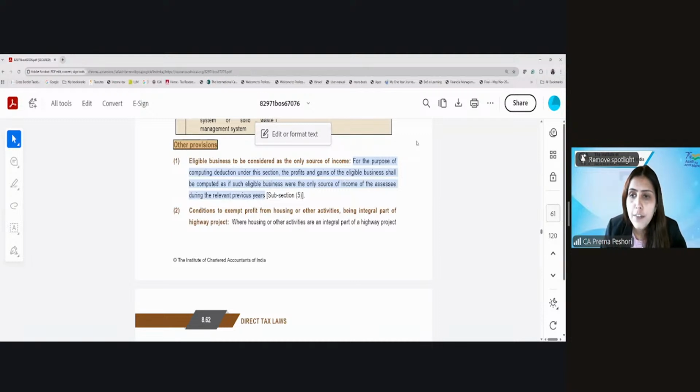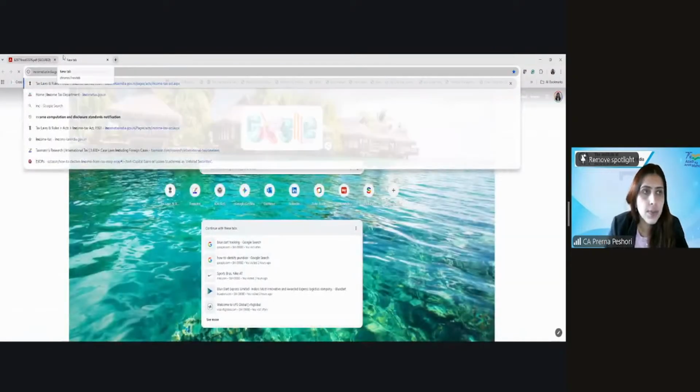So, if you look at ATIA subsection 5, it starts with a notwithstanding clause. Let us have a look at it once. To understand in detail, let me open up the income tax website for you.